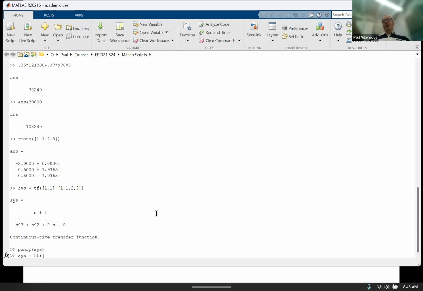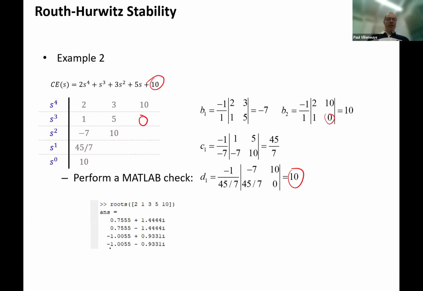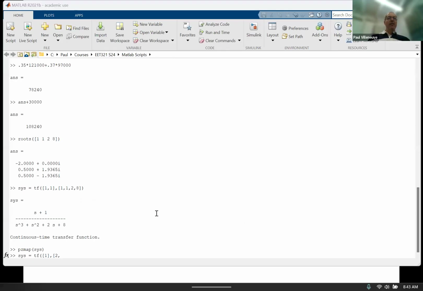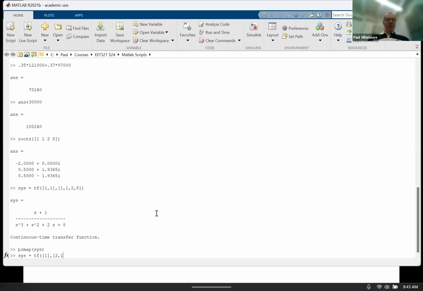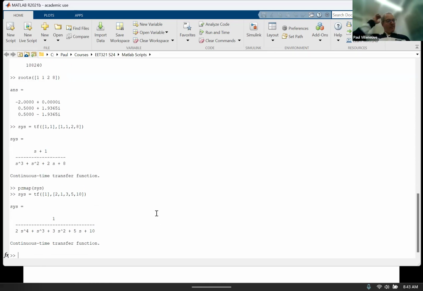And in the numerator, we're just going to pick a coefficient of 1. We have to have something in the numerator. Otherwise, it's not going to work. And in the denominator, we have 2, 1, 3, 5, 10. Is that the correct expression?